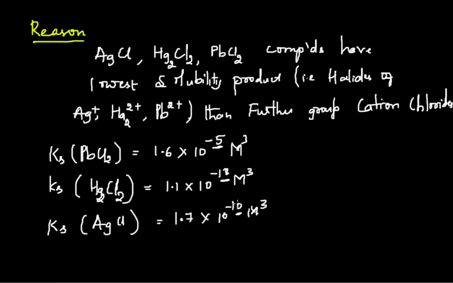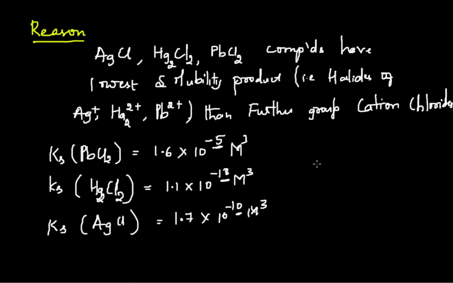So halides of first group gets precipitated in preference to the halides of further group cations which remain in solution. While these halides, AgCl, Hg2Cl2 and PbCl2, because they have very small solubility product, they get precipitated.